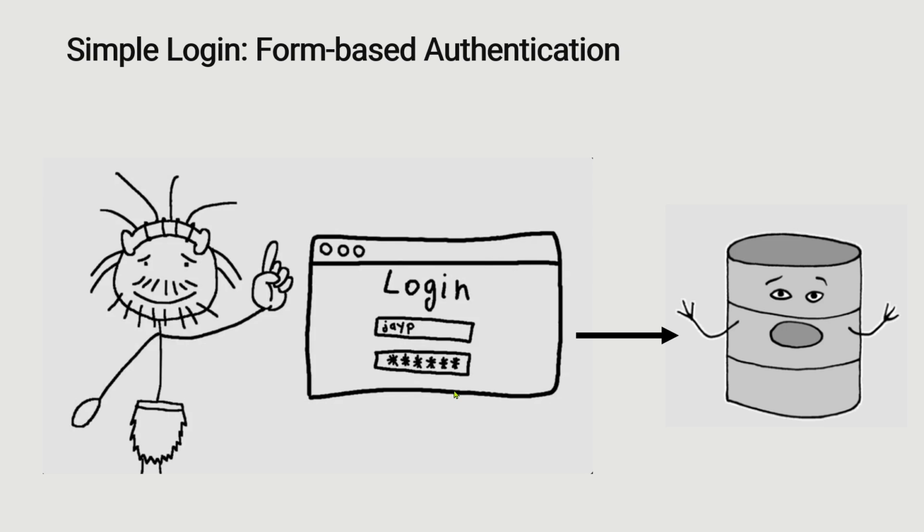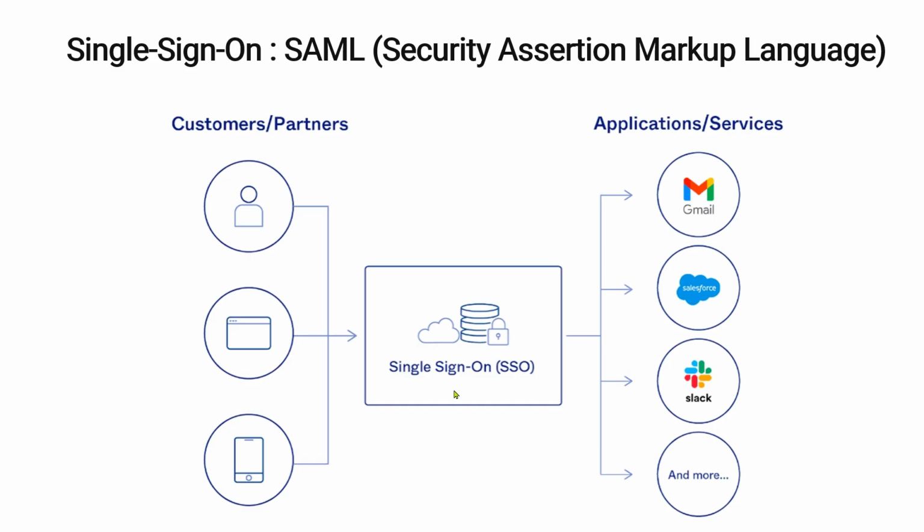Whenever you are logging in, the app has to take care of your security, maintaining the forms, hashing algorithms, cookies, session variables, etc. This all has to be done by the app only. Next to this is SAML, Security Assertion Markup Language.